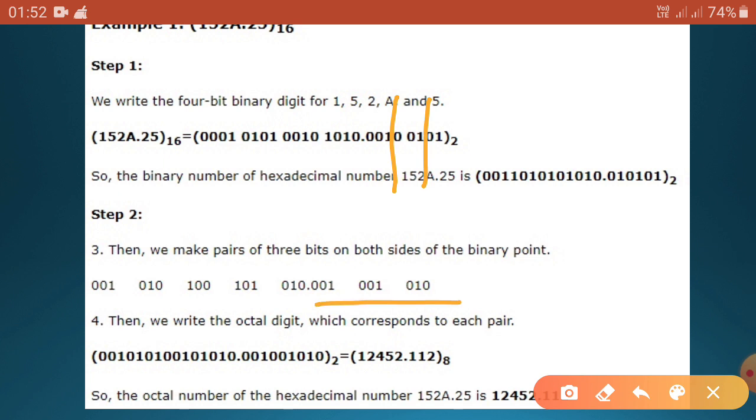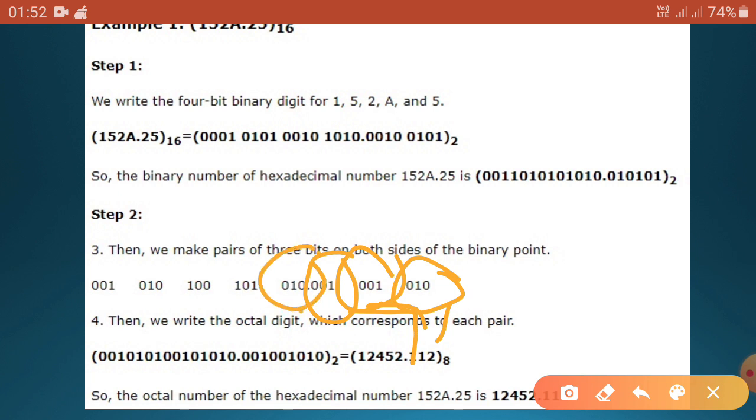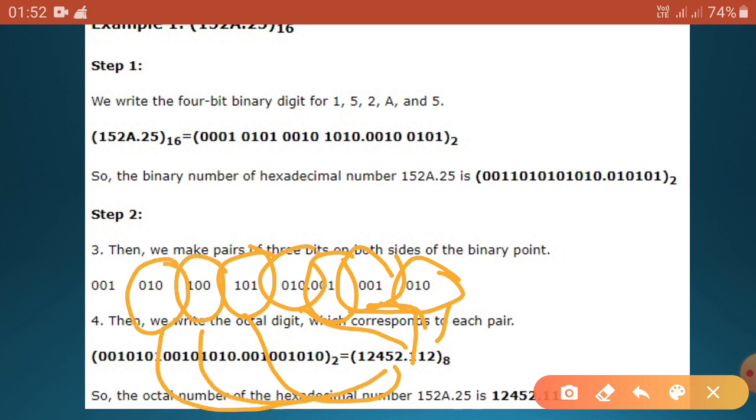Now we convert into octal. 010 means 2, 001 means 1, 001 means 1, 010 means 2, 101 means 5, 100 means 4, 010 means 2, 001 means 1.